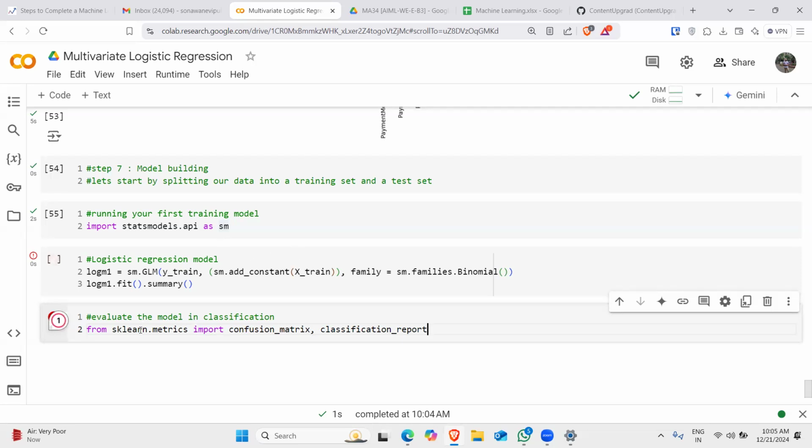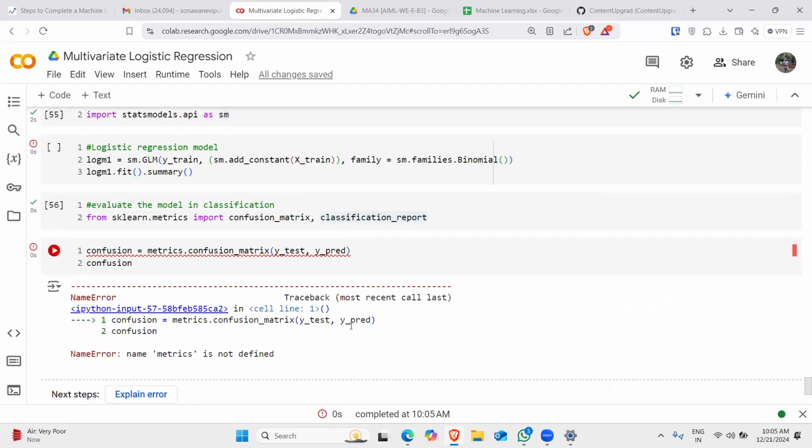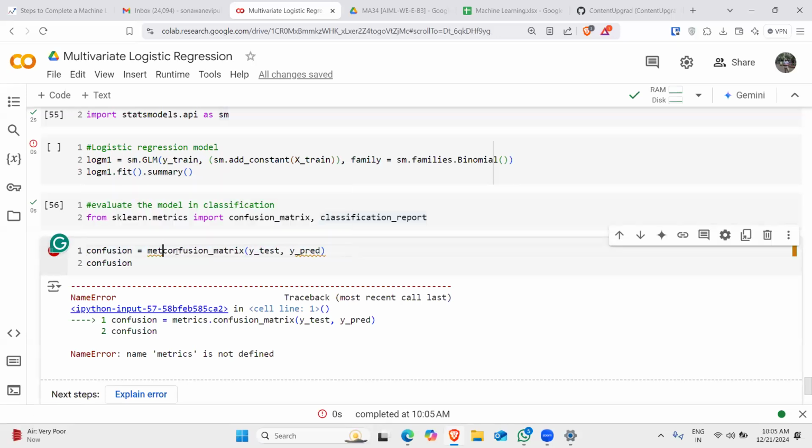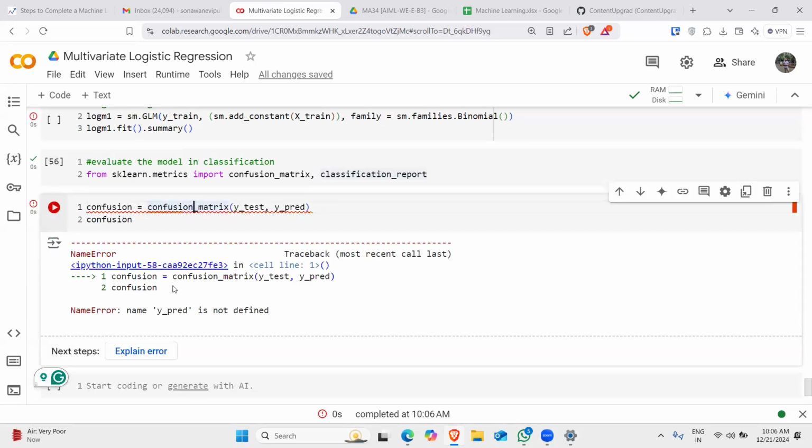From sklearn.metrics, we are going to import confusion_matrix and classification_report. And I'm just interested to check the confusion matrix. So I'll write confusion equals metrics.confusion_matrix(y_test, y_pred) and I'm going to print the confusion matrix. We should not write that, because we have already imported confusion_matrix, so directly we can write confusion_matrix. y_pred is not defined for us.